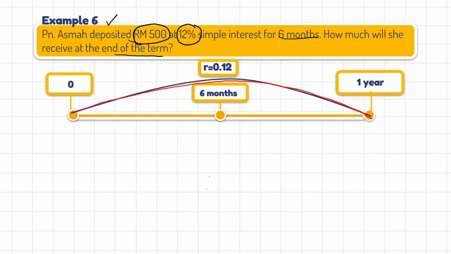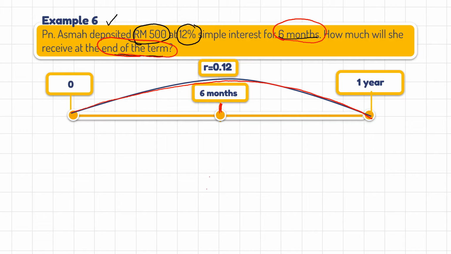Why do we put 6 months here? Because of the question. We need to follow what the question wants. However, we need to obey the rules of simple interest where the rate is per year. That's why our loop is from 0 to 1 year, and it should be written R equals 0.12. Receive at the end of the term means that the question wants you to find for 6 months only. Okay? So I hope you can understand the question very carefully.